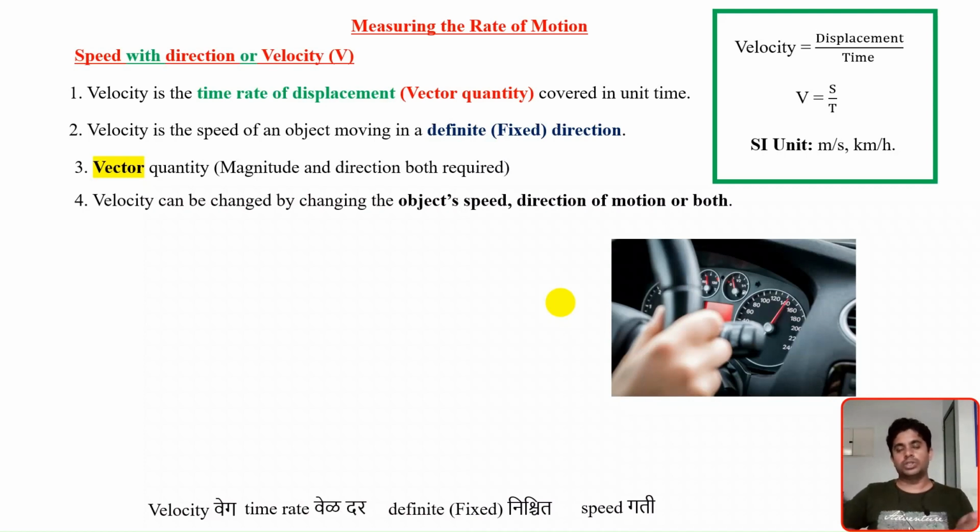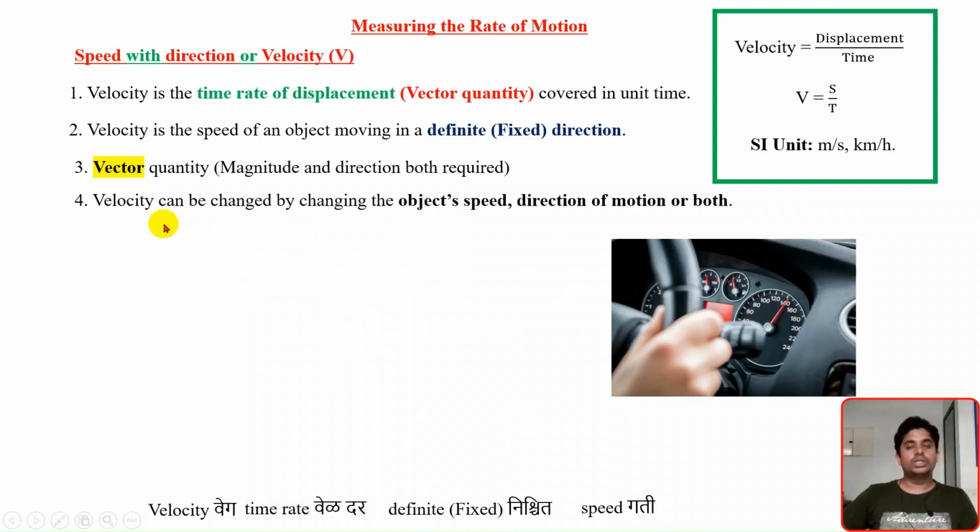So that change of direction along with changing the car speed, either accelerating or retarding, together makes it possible to bring the change in velocity.